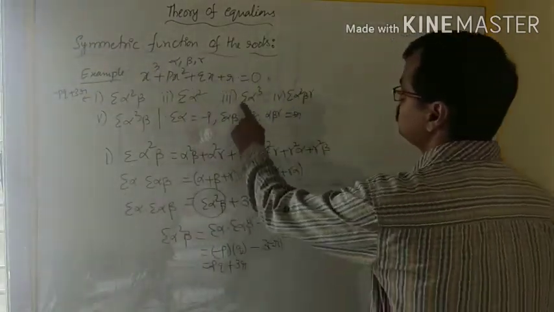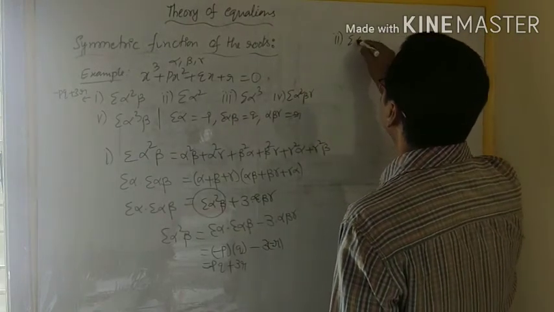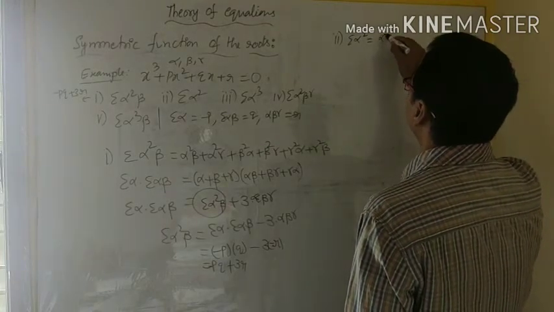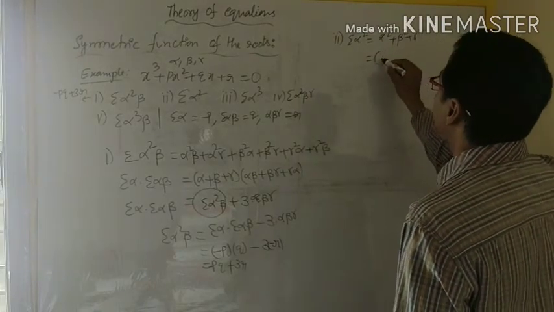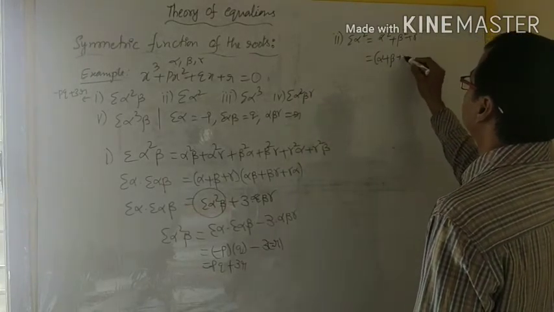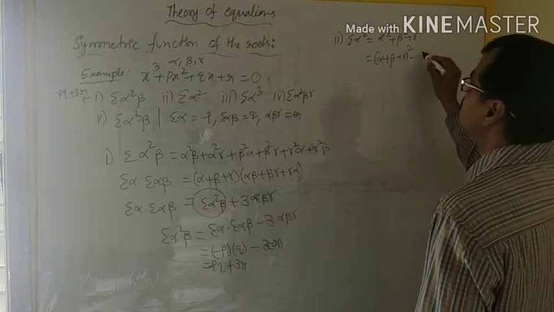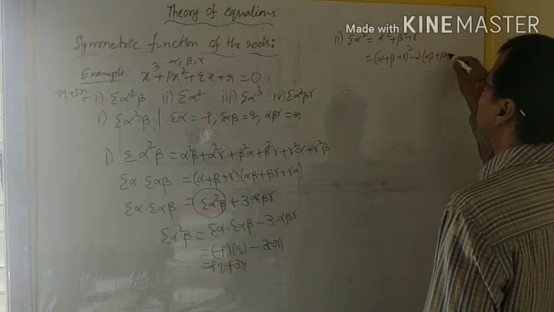The second problem is sigma alpha square, which we can write as alpha square plus beta square plus gamma square. This we can write as alpha plus beta plus gamma whole square minus 2 times alpha beta plus beta gamma plus gamma alpha.